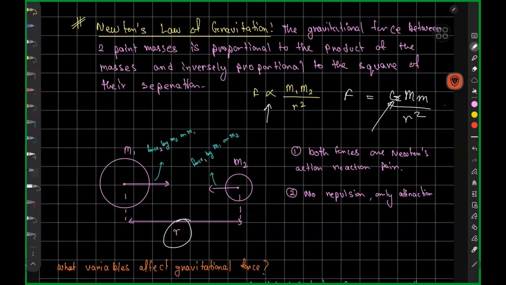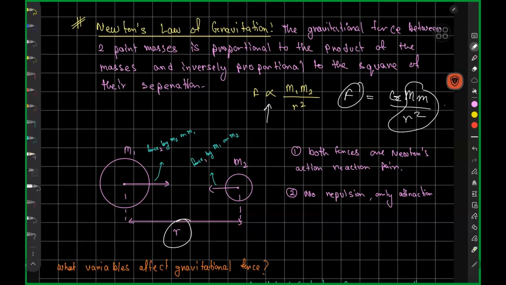Okay? And how did they find out the G? They just plotted a bunch of forces against m1m2 by r squared, and they found out G from the gradient of the line. You must have done similar experiments at some point in your AS, or you will also do something like this in your paper 5 at some point.